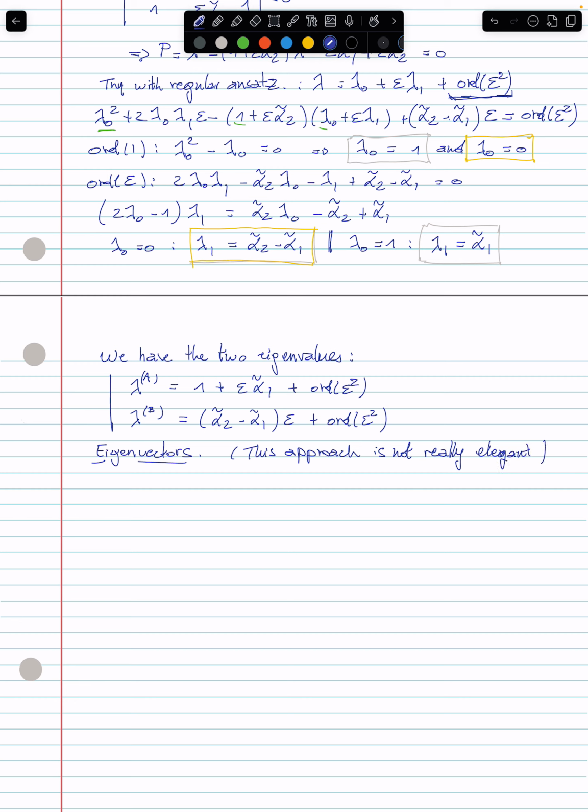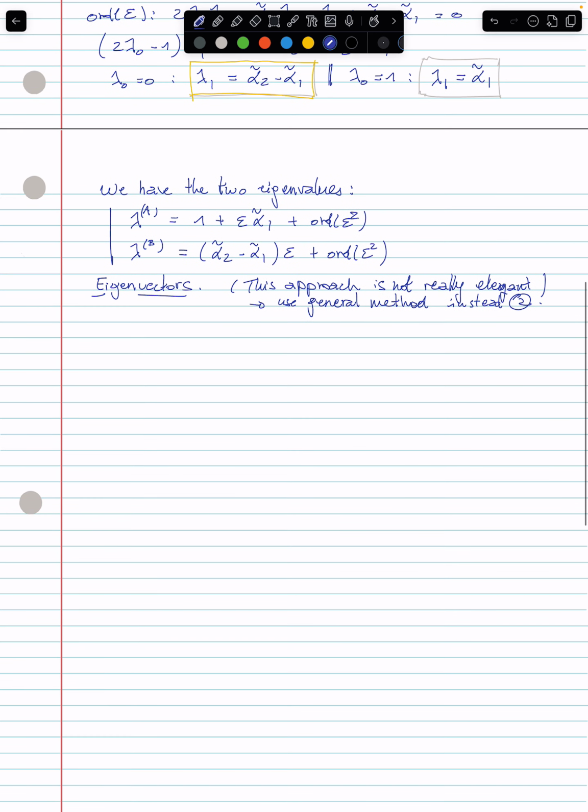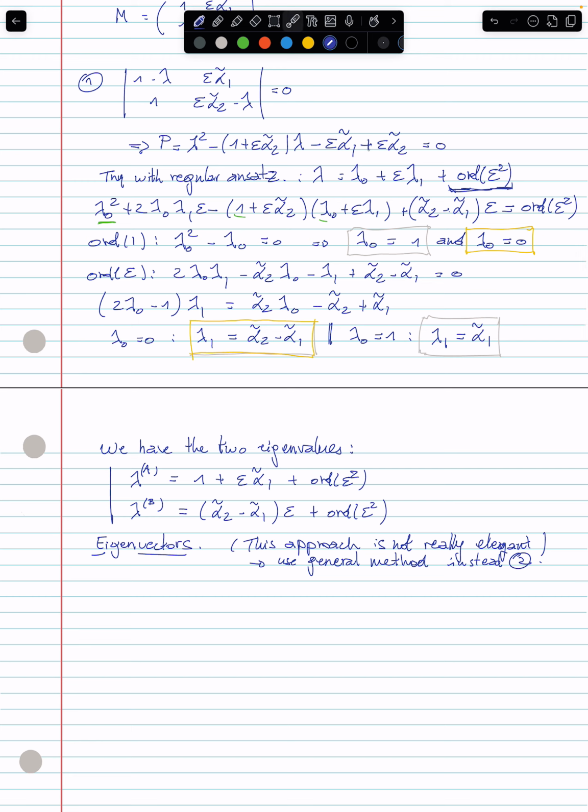Use the general method instead. And the general method is treated in step number 2. Okay, so we'll carry the different steps related to the general method in a few moments. All right, so meanwhile, how do we determine eigenvectors associated with eigenvalues? We just subtract the eigenvalue we have from the diagonal elements. So somehow we just replace lambda here by first lambda A and then lambda B, and determine the corresponding eigenvectors.